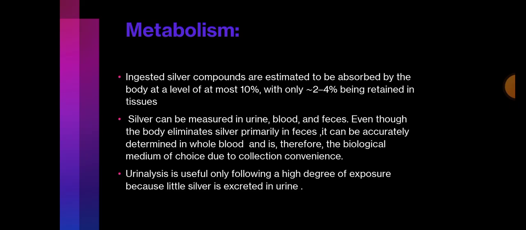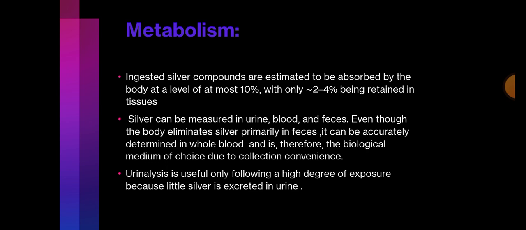Metabolism. Ingested silver compounds are estimated to be absorbed by the body at a level of at most 10%, with only 2 to 4% being retained in tissues. Silver can be measured in urine, blood, and feces, even though the body eliminates silver primarily in feces.